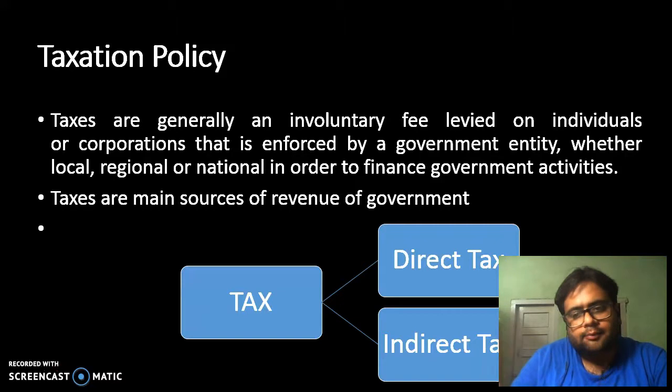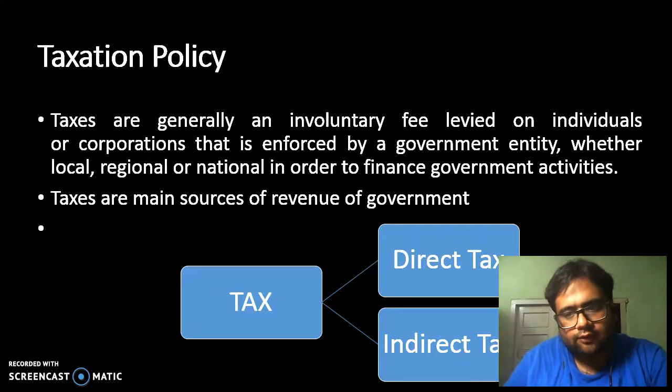For example, I'm just taking an example, I'm not giving you real figures. If my income for one year ranges from 2,50,000 to 5 lakh, I'll be paying 10% income tax. If I'm earning more than 5 lakh and less than 10 lakh, say I'm paying 20%. So you can see that with the increase of my income, the tax is also increasing. That is progressive in nature.